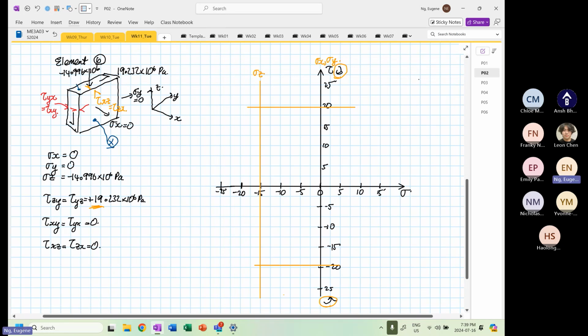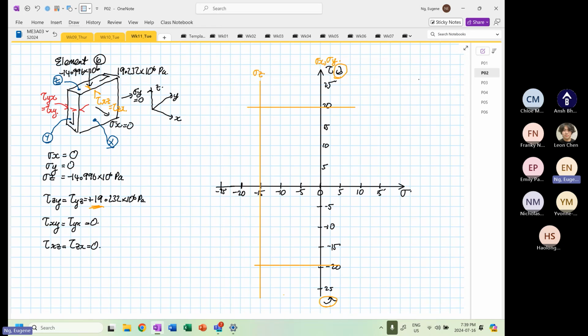This surface will be point Z, and this surface will be our point Y. Okay. So the easiest one is to look at point X. Point X has, let's not do point X. I'm sorry. Let's do point Y and point Z first.